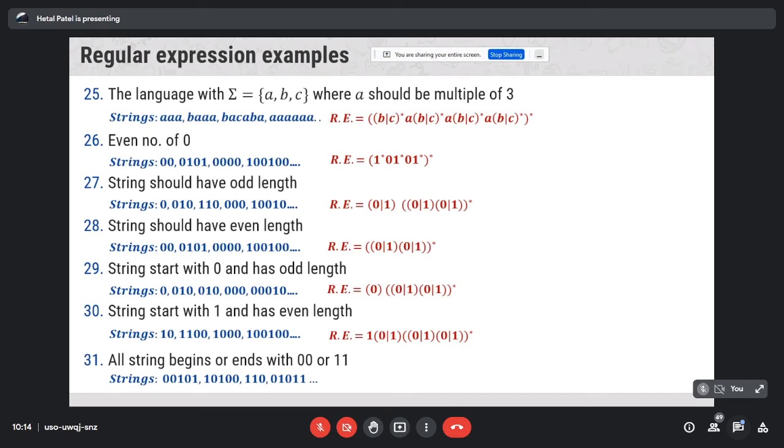Just look at it properly. It begins either with 00 or 11, or all strings which are ending either with 00 or 11. So this is the answer.